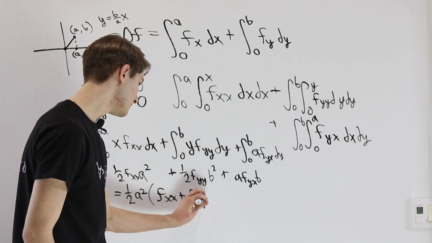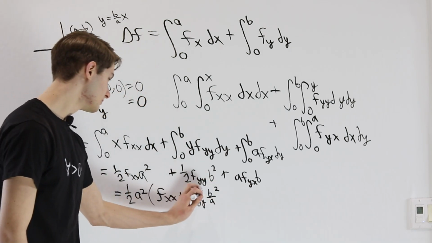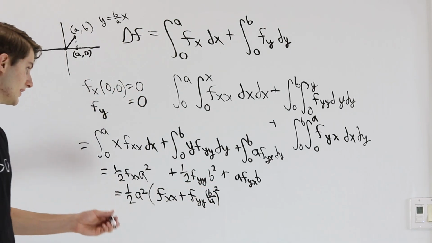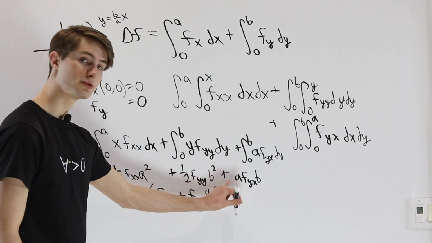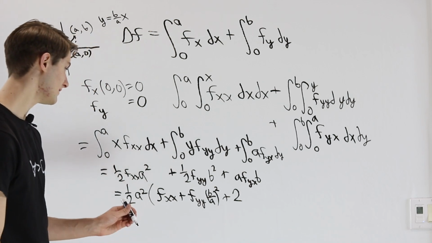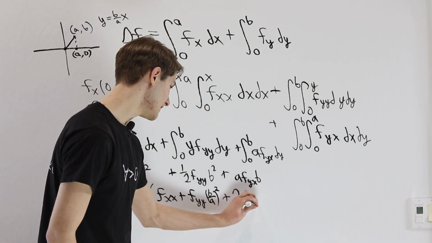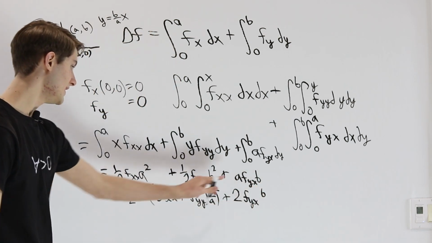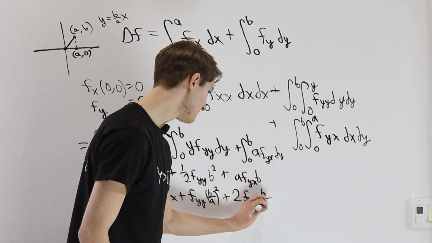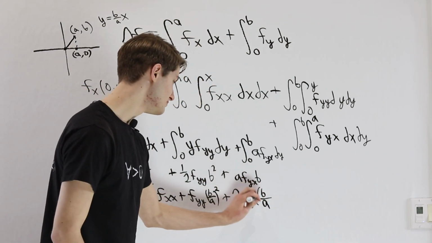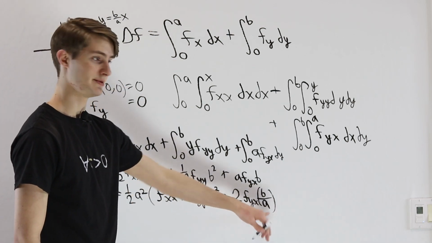So we'll have f sub yy times b squared over a squared, which we can write as b over a squared. And then finally over here, we took out a 1/2, which means we're going to have to multiply by 2 to cancel that out. And then right here, we have our f sub yx times b, and then a, but we factored out an a squared, so we have to divide by a squared again, which gives us the final result of b over a. That's a over a squared, gives us this a in the denominator.